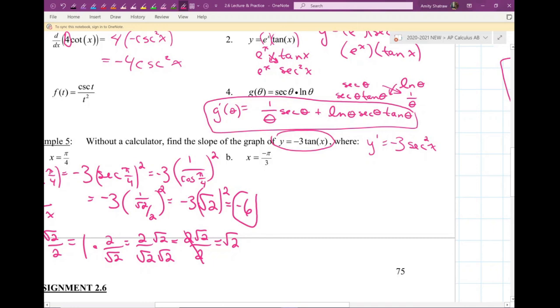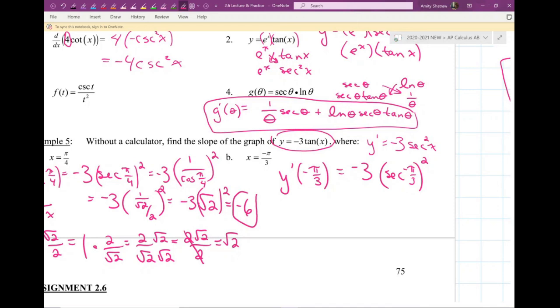So when I take a look then at this guy, I say I'm finding y prime of negative pi over 3, and this will end up being a -3, and secant squared, I want to find out what secant of negative pi over 3 will be, and I end up with that being squared. So working out that secant of pi over 3 is the same thing as 1 over cosine of pi over 3.